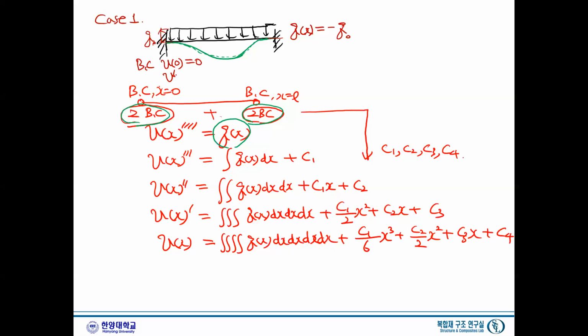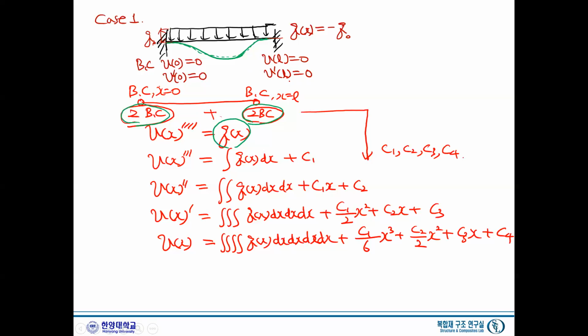So the first derivative at 0 should be 0. And here, similar to the left-hand side, since it's clamped, V at L equals 0, deflection is 0, and the slope will be 0. So slope is again given as the derivative, and at L equals 0. So we have four boundary conditions.